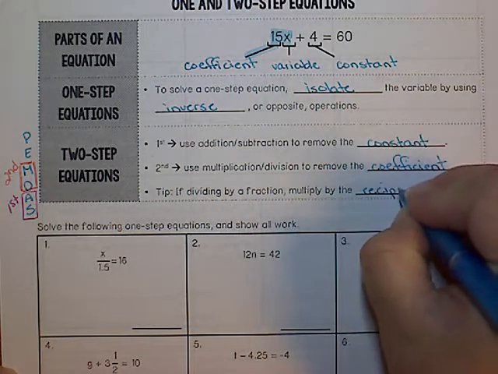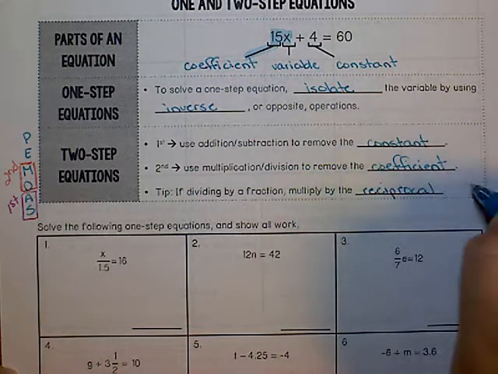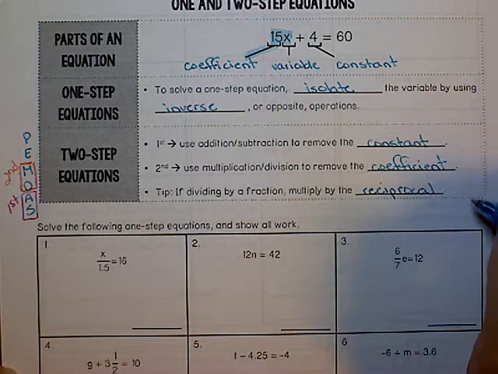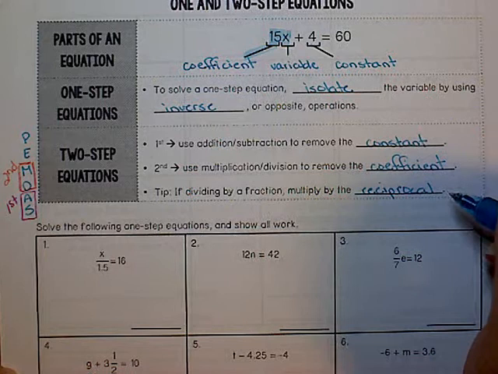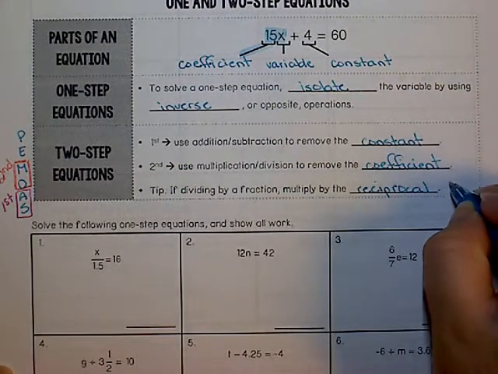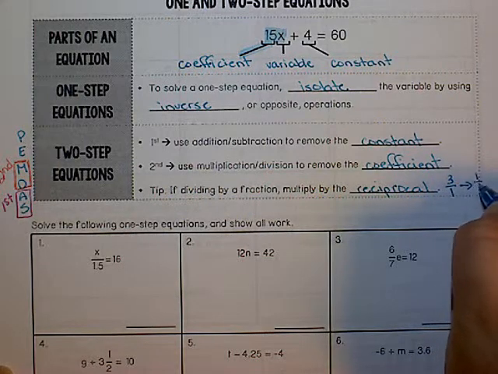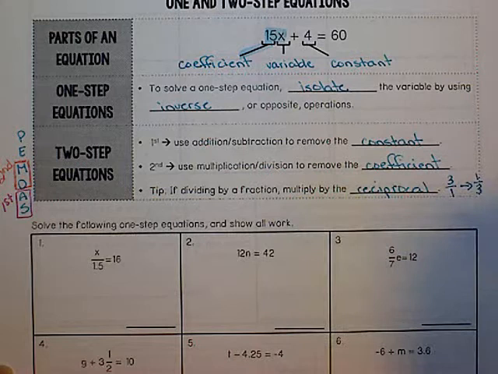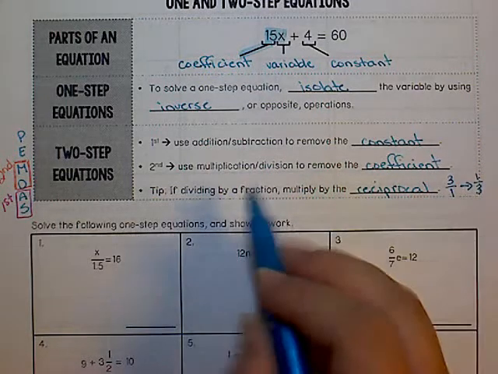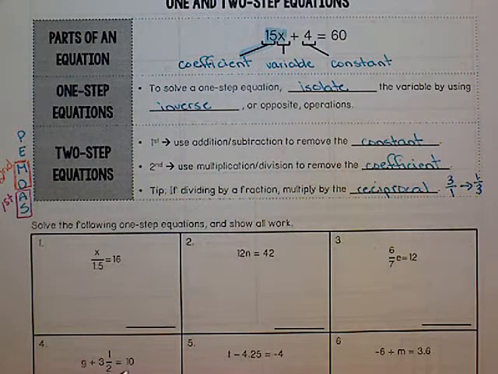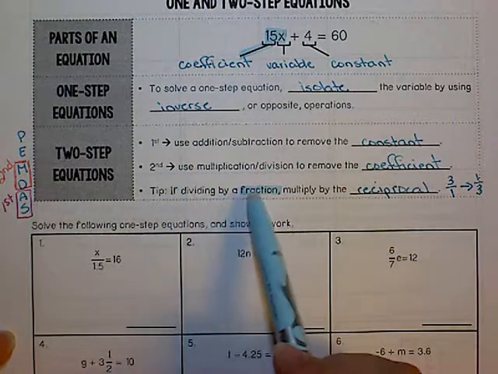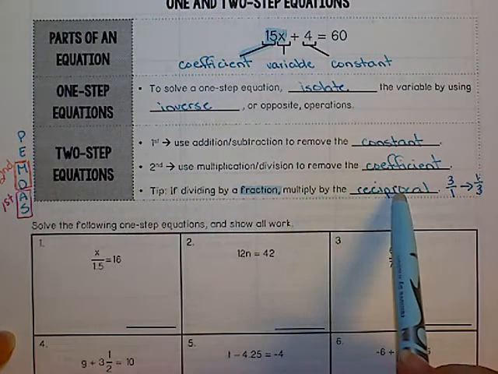It's probably just been a while since you've seen that word reciprocal. Reciprocal is, again, an opposite or flipped. So you're looking at a reciprocal. If it's 3 over 1, it becomes 1 over 3. That's a reciprocal, the flipping of it. Okay, so if dividing by a fraction, multiply by the reciprocal.